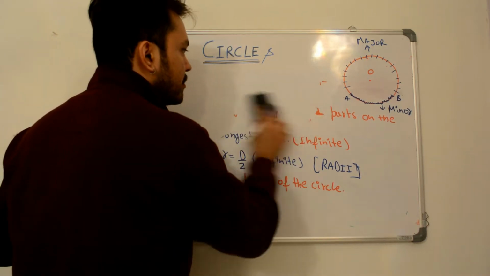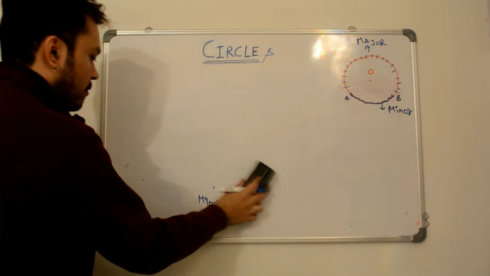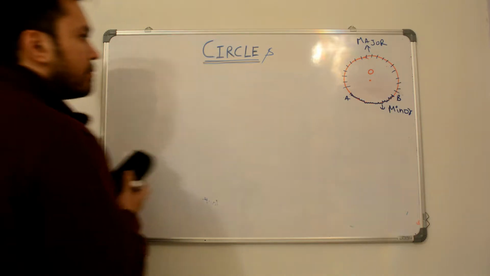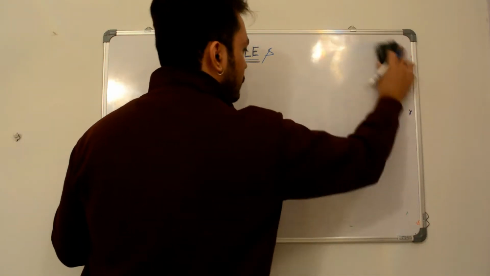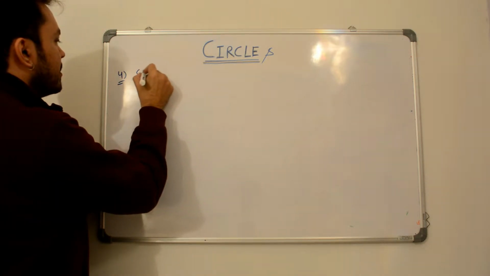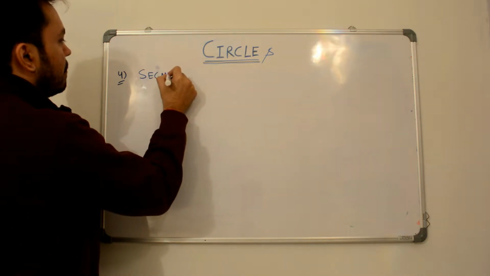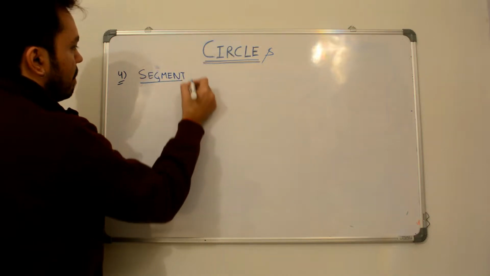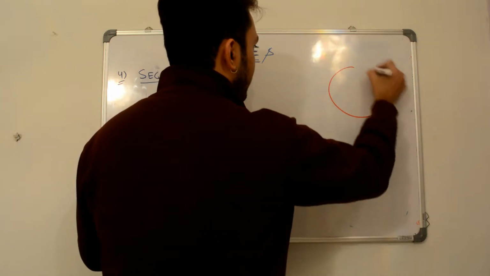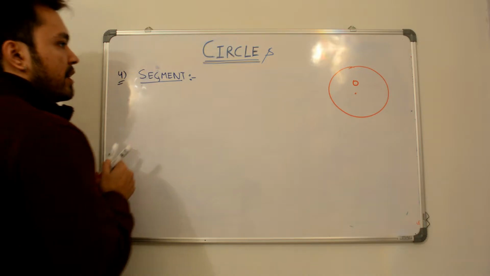Now the fourth definition, again using all the definitions, we'll be defining what are segments and sectors of a circle. So fourth point, what is a segment? Again, I take a circle with center O. What is a segment?